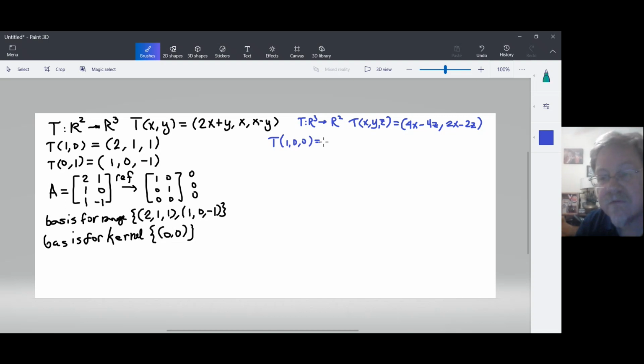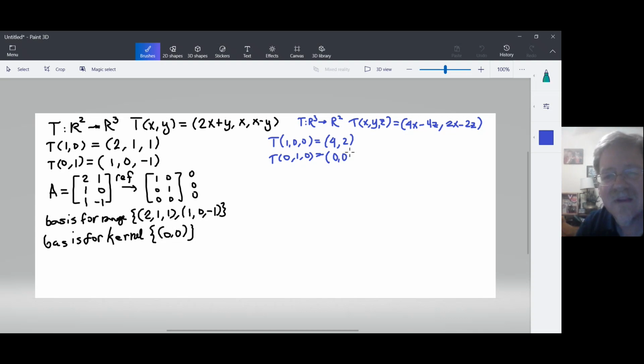So 1, 0, 0 is going to get mapped to 4, 2. And then we have 0, 1, 0. Note that the output of the linear transformation doesn't involve y at all. X and z are both 0, so we get 0, 0.